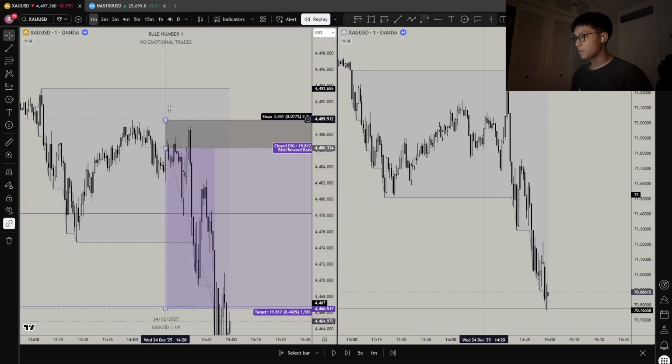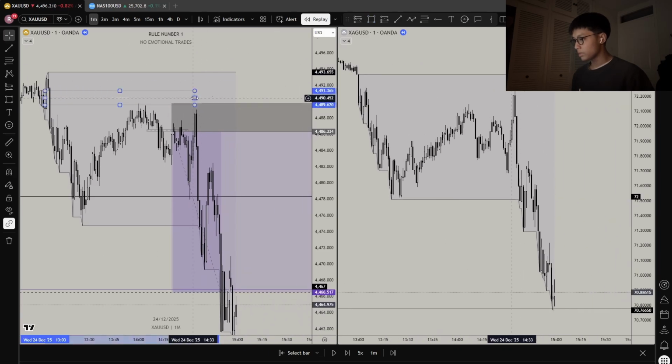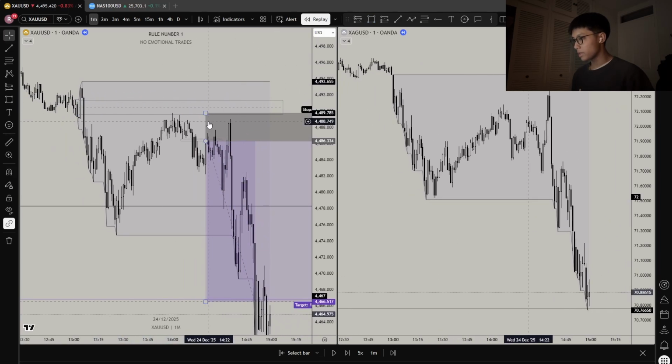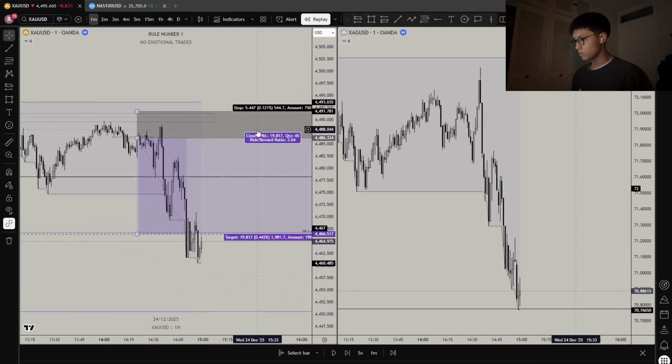If I wanted to be a bit safer, we were also respecting this 1-minute inversion all around here. I'll mark that out so you can see. We're respecting this inversion as well.